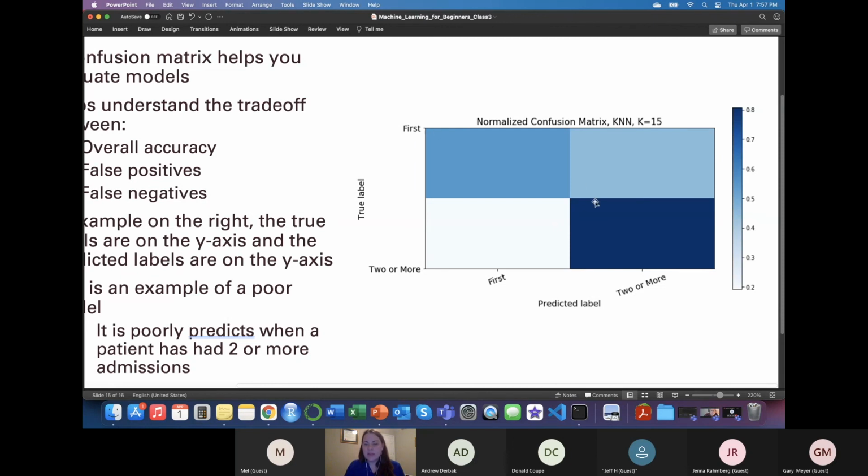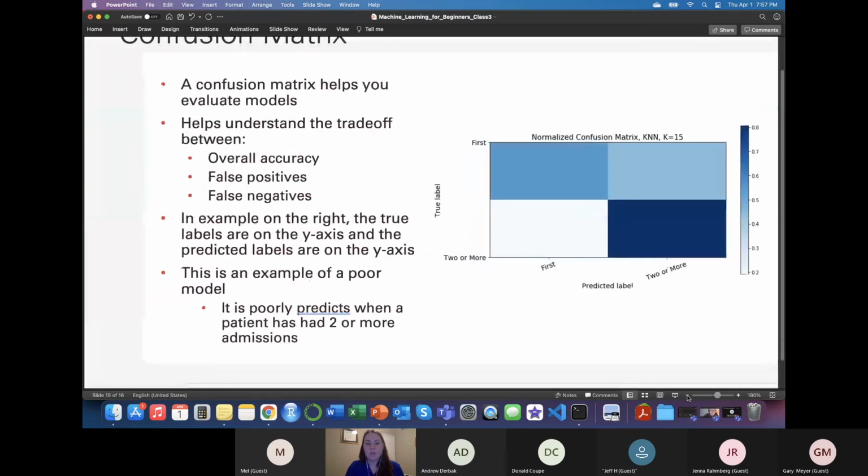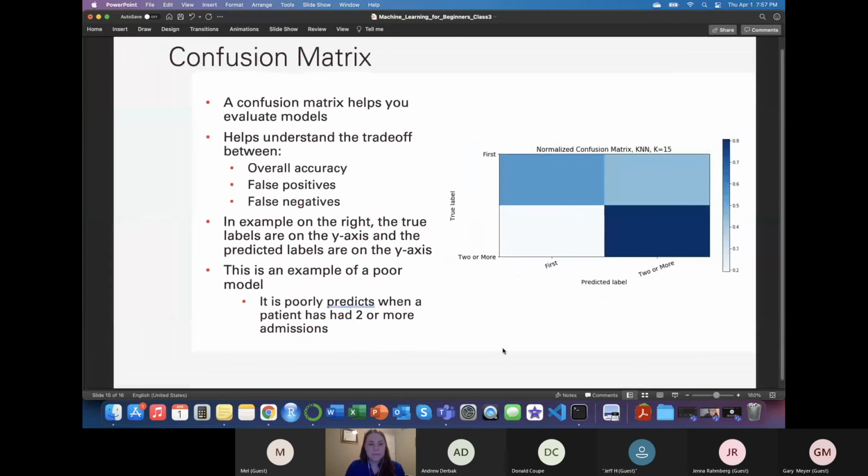So this is pretty intuitive to people to explain false positives, false negatives, and when we're making the mistakes. That is one way to show the accuracy of a machine learning model.